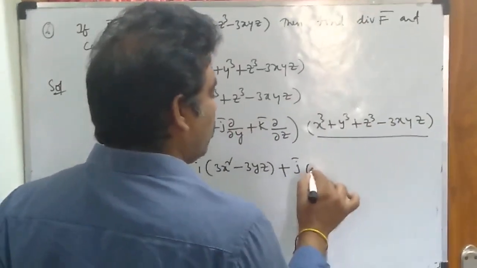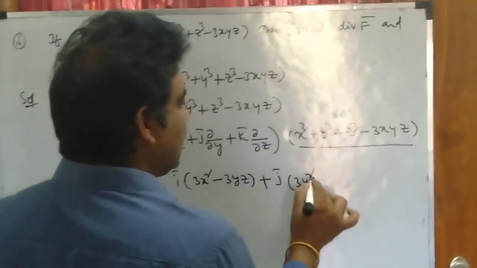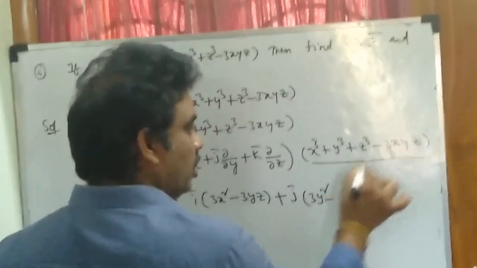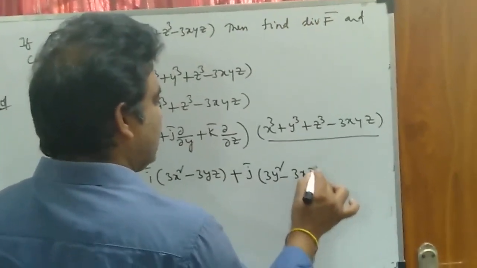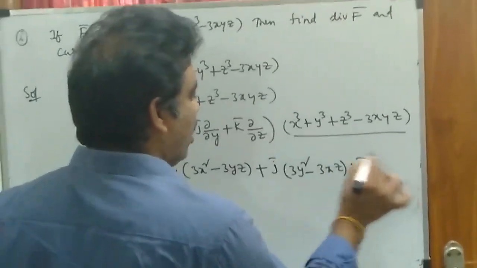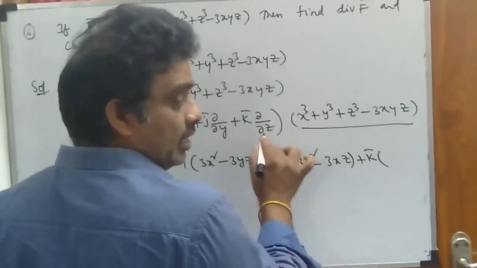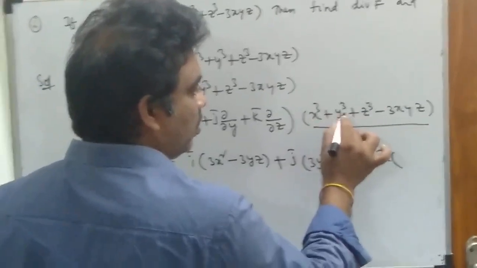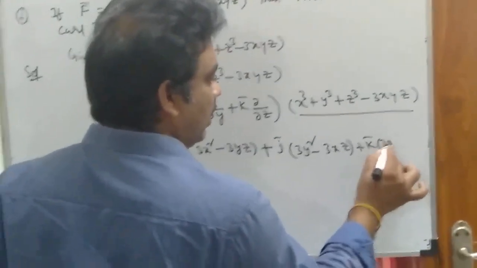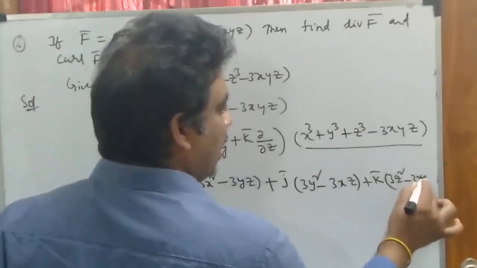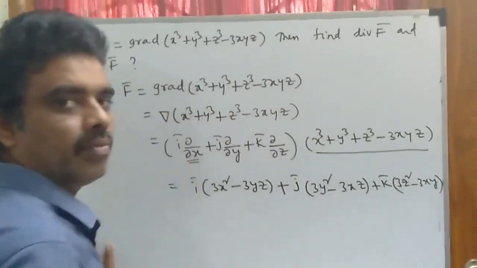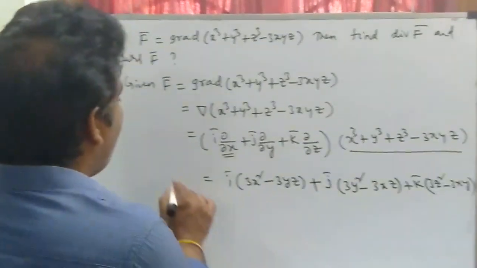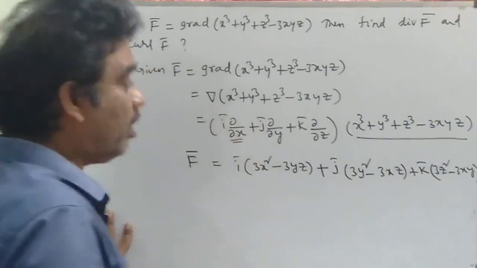X cube term 0, y cube gives 3y square, z cube term 0, minus 3xz. Plus k bar into dou by dou z of the entire term. This is 0, this is 0, 3z square minus 3xy. This is f bar.